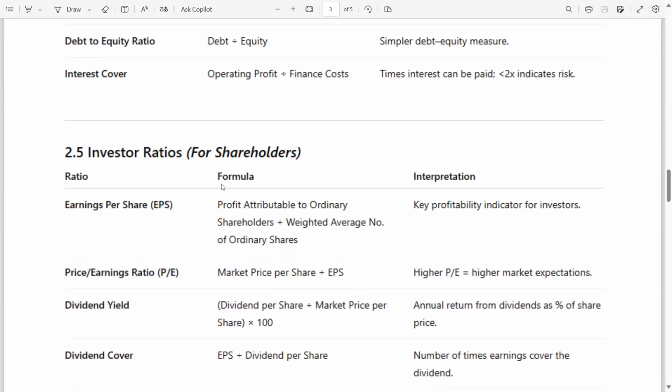Now, investor ratios for shareholders. Ratio, formula, and interpretation. Earning per share. We all know we have covered this topic in the previous section. Earning per share, EPS. Can anyone tell me why earning per share is important?